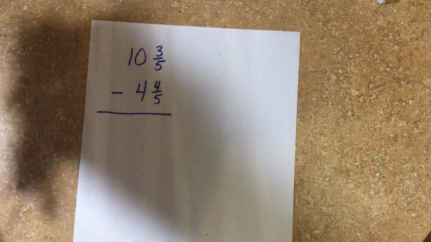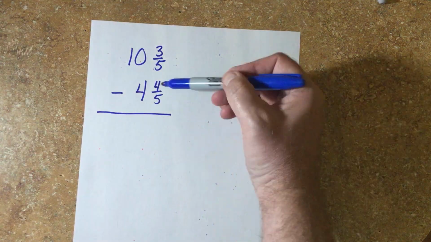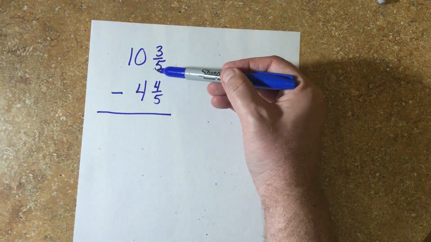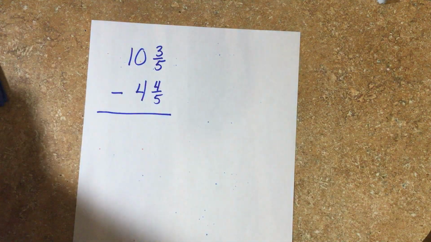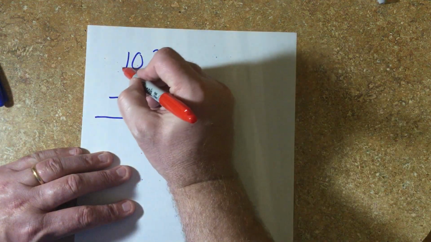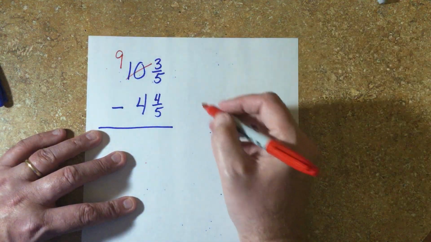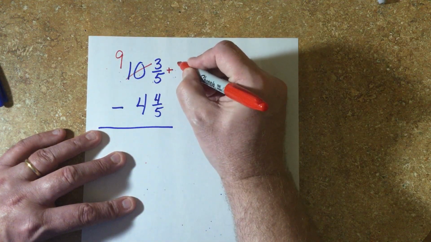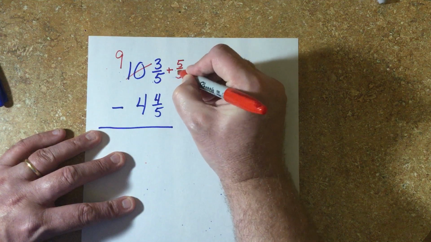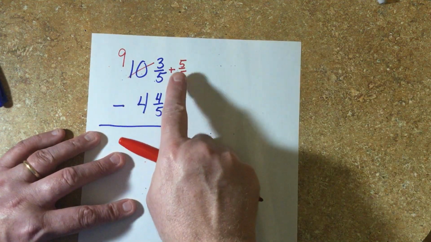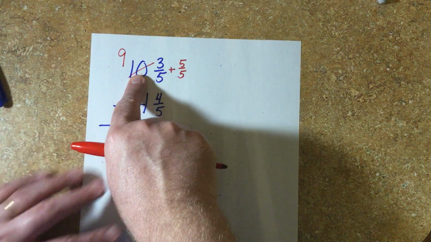And I know right away that I cannot take 4/5 away from 3/5. So it requires me to borrow, to regroup. So this 10, I'm going to make it a 9. And I'm adding 5/5 because that 5/5 is the one that I just borrowed.